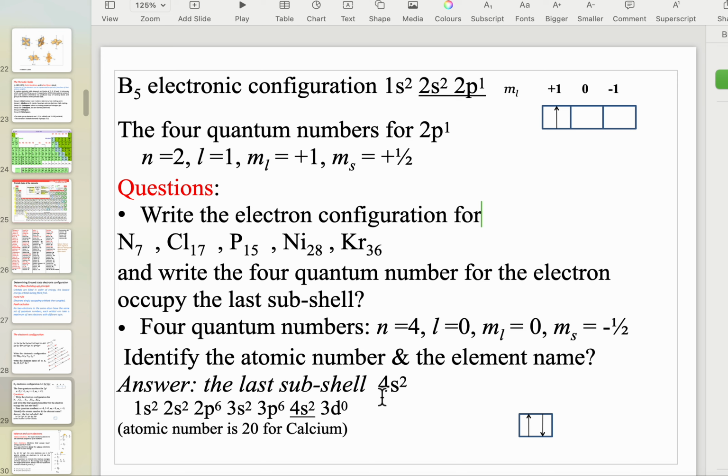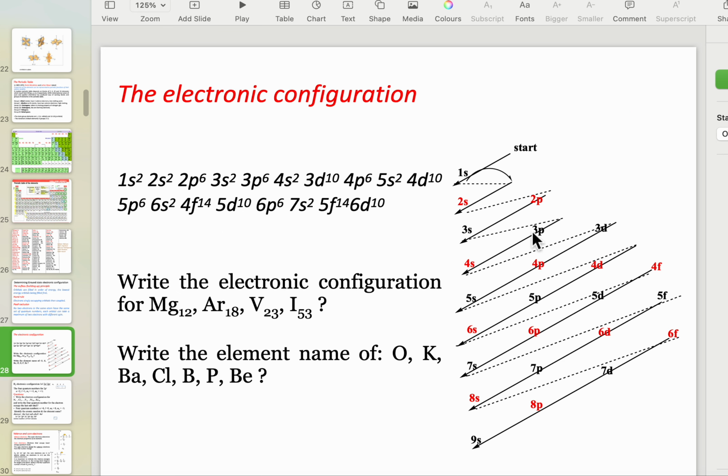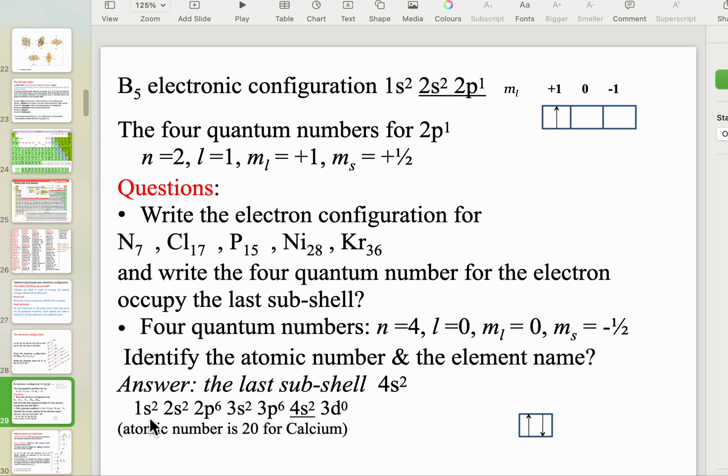If we come to the 4s2, we have to bring the electron configuration and reach 4s2. So we start with 1s2, 2s2, 2p6, 3s2, 3p6, 4s2. These are all filled with electrons. Now we do the total number of electrons: 2, 2, 6, 2, 6, 2, and you can put the d0, no problem.